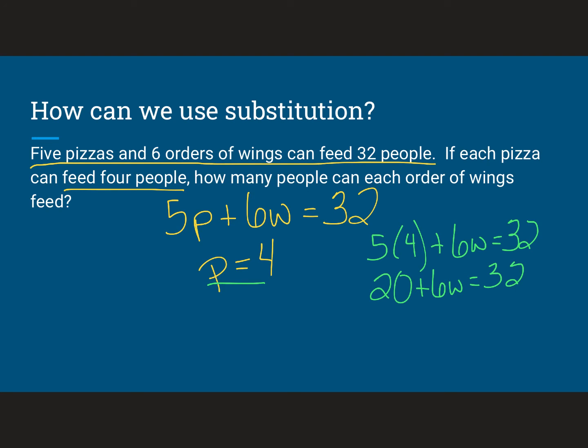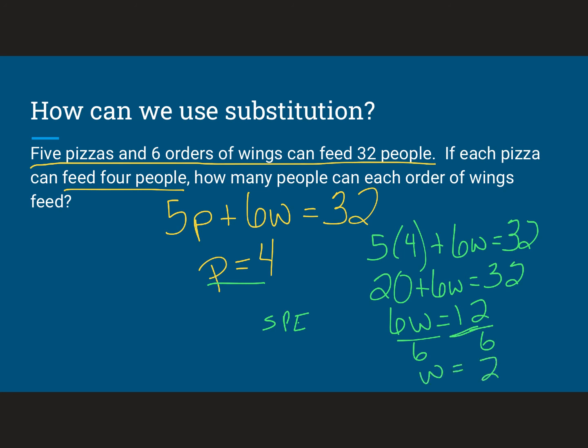Then I'm going to subtract 20 from both sides. I get 6W equals 12. That's just an SPE. Then I'm just going to divide the whole thing by 6. So I get W equals 2.